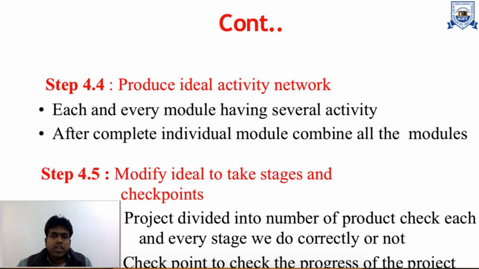We'll have to check each and every step, whether it's going in the right way or not. And then checkpoints check the progress of the project. We'll also have to check the progress of the project after completion of every stage.